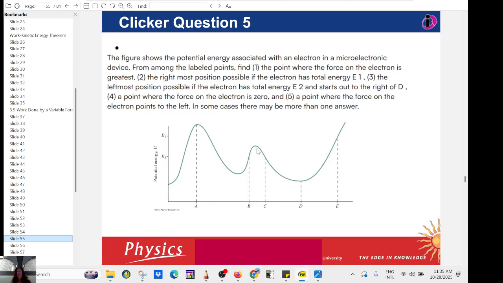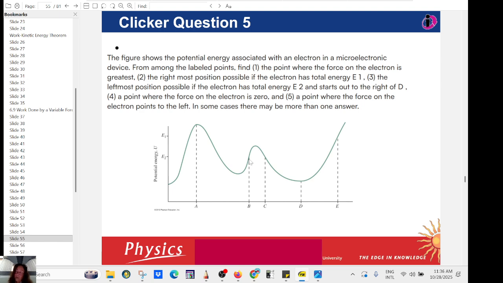What is the largest slope that you can see between A, B, C, D, and E? The largest slope of the roller coaster. At A, the slope is zero. D is zero. B could be B or C, probably B. E, I don't know. It seems to me that this slope is not as big as that one.